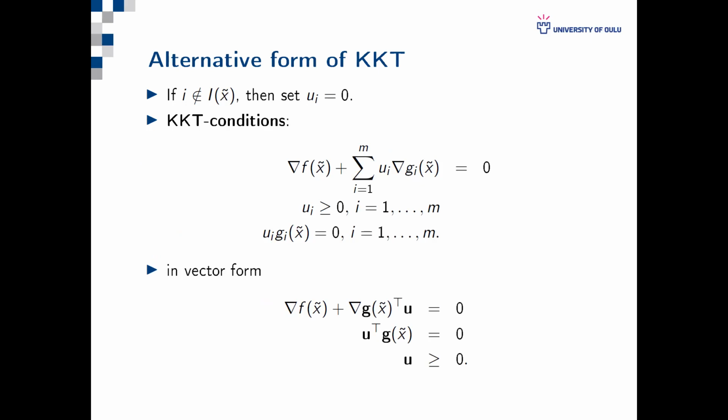Then there must be non-negative numbers u_i such that this linear combination goes to 0. And if u_i is positive, then we must have g_i(x tilde) is 0. So we have active constraints. And if the constraint is inactive, u_i must be 0.